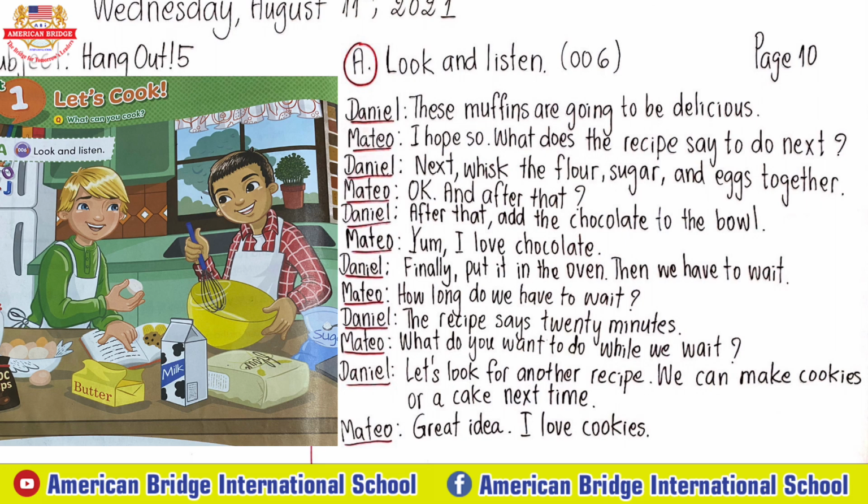Finally, put it in the oven. Then we have to wait. How long do we have to wait? The recipe says 20 minutes. What do you want to do while we wait? Let's look for another recipe. We can make cookies or a cake next time. Great idea. I love cookies.